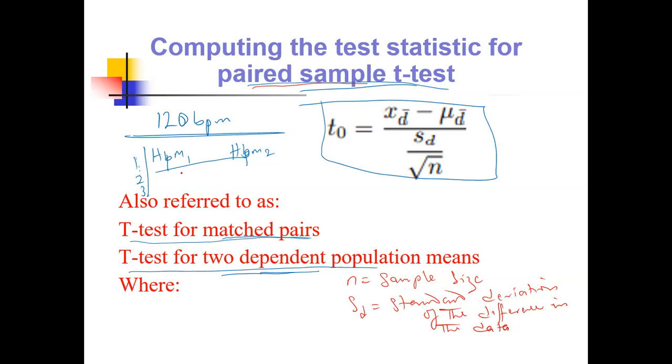That is simply, if you subtract everybody's heart rate after from everybody's heart rate before, whatever you get is the difference, and then you find the standard deviation. That gives you the standard deviation of that difference. I'm going to do an example to illustrate that.